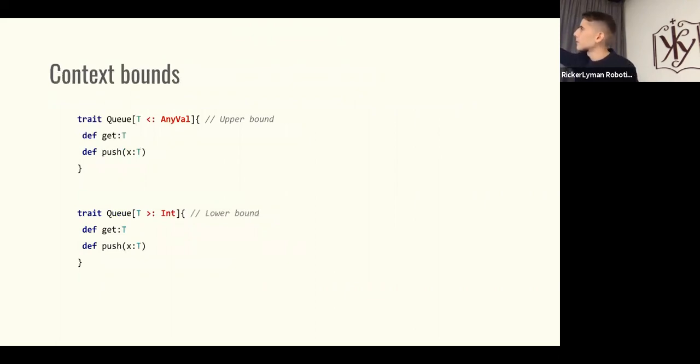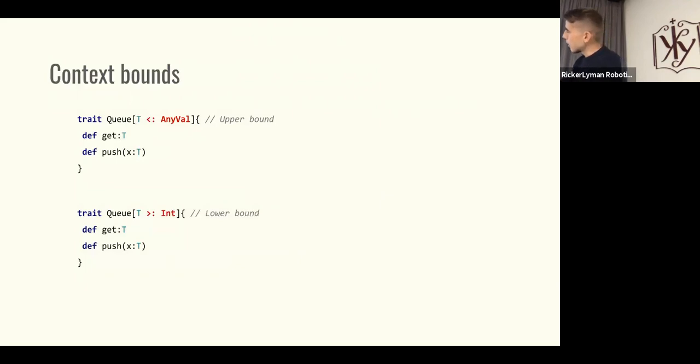So this will work for an arbitrary type T, but T should be a subtype of AnyVal. In this case, we are defining the Q which will work only for value types, kind of primitive types: numerics, Boolean, char. And this syntax is for the upper bound.